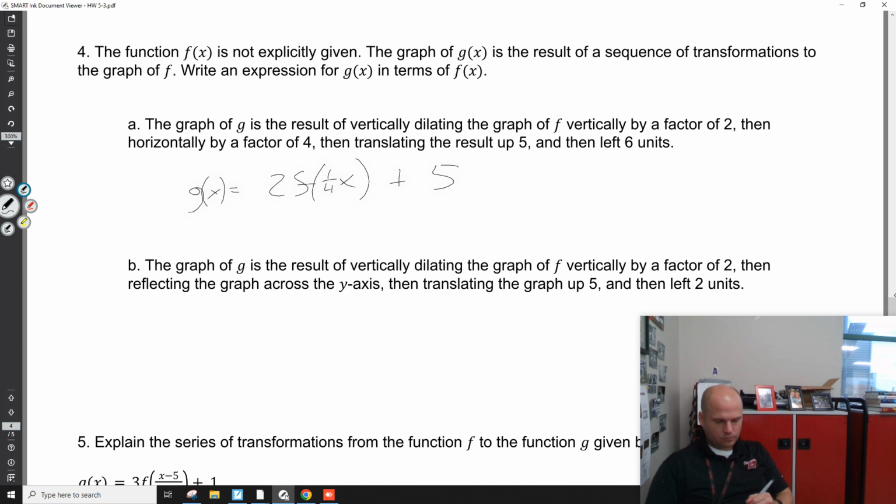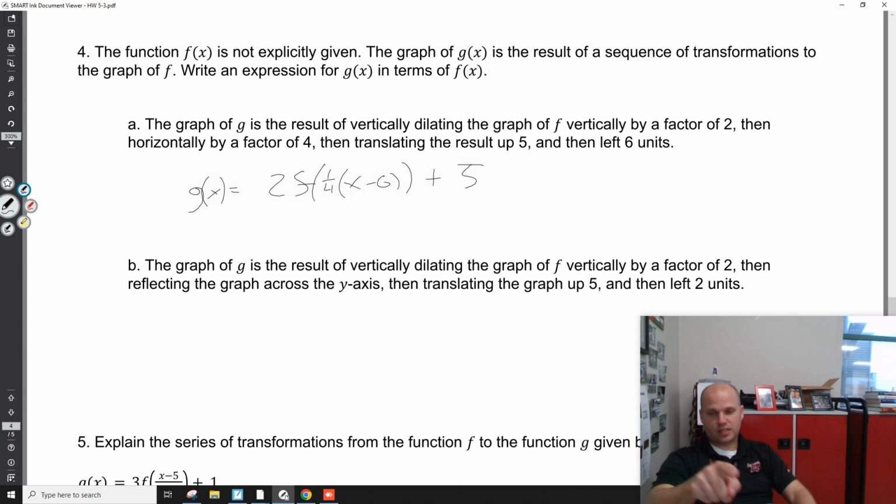Now, this is where it's important. We are going to take the x and put that in parentheses, and this is left 6. This is always how it's going to end up. Just letting you guys know, we're never going to ask you to translate first and then dilate, because it actually gets really weird because the dilation happens around the y-axis.